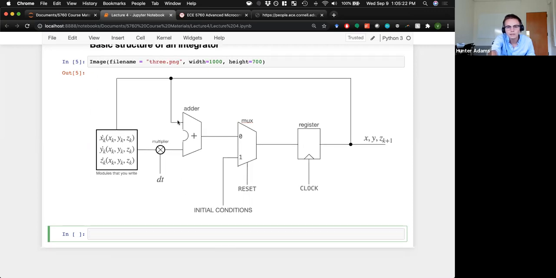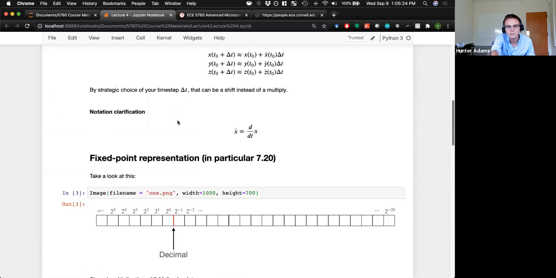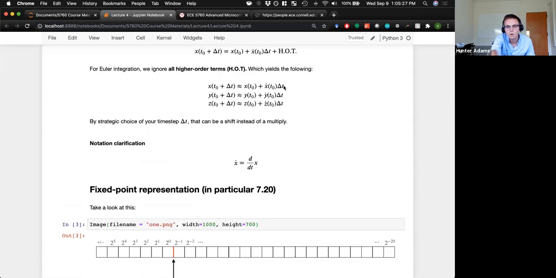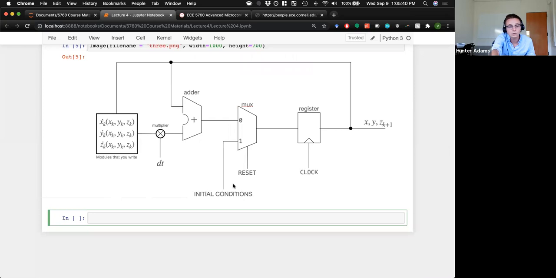either, this is an implementation of these equations up here. So what we're doing is calculating these derivatives and multiplying by dt, and then adding with the current value of X, Y, and Z, where you want to be able to pass in initial conditions as well.